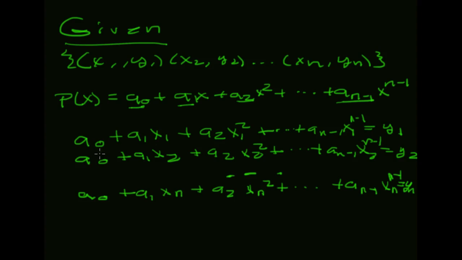All right, so I'm going to get n equations, and I end up with ultimately 0 through n minus 1, well, n equations with n variables.